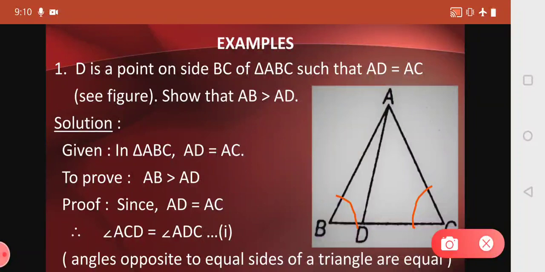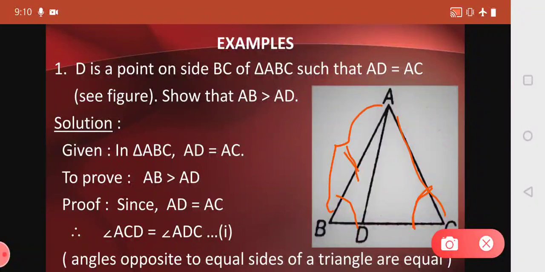Now we have right now only studied that the side opposite to the greater angle is longer. So we know that the side opposite to angle ACD, that is AB, this side, will be greater than AC, this side.